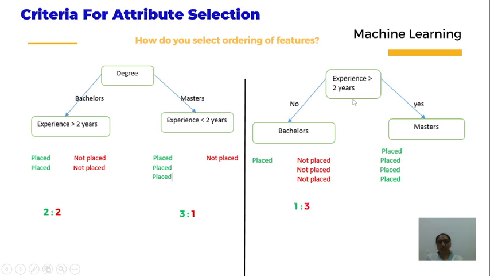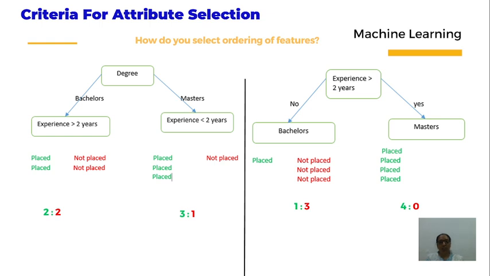On the right hand side, if the experience is greater than 2 years, yes, and the person has a master degree, then we will get 4 yes and 0 no. And if the experience is greater than 2 years, no, and the person has a bachelor degree, then we will get 1 yes and 3 no values, or not placed values.